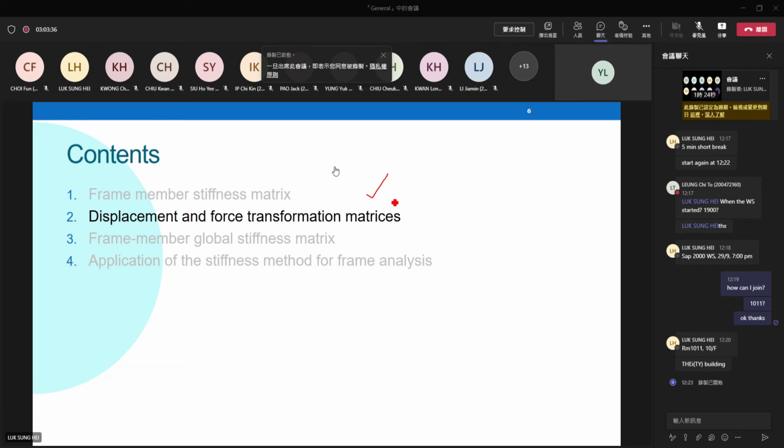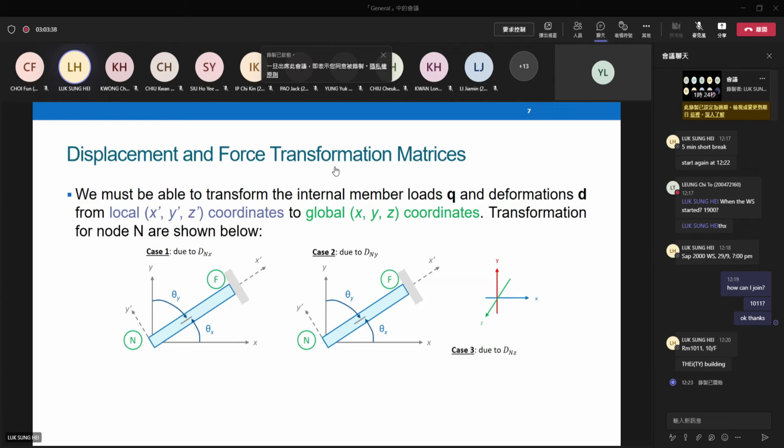How? I'll show you a few steps. You have to use cosine theta x, cosine theta y, just like truss analysis. We call it the direction cosine. Refresh our memory, we have 2 kinds of coordinate system, local and global. Local means the system local to the member. The X prime has a prime on the top right-hand corner to indicate that it is a local system.